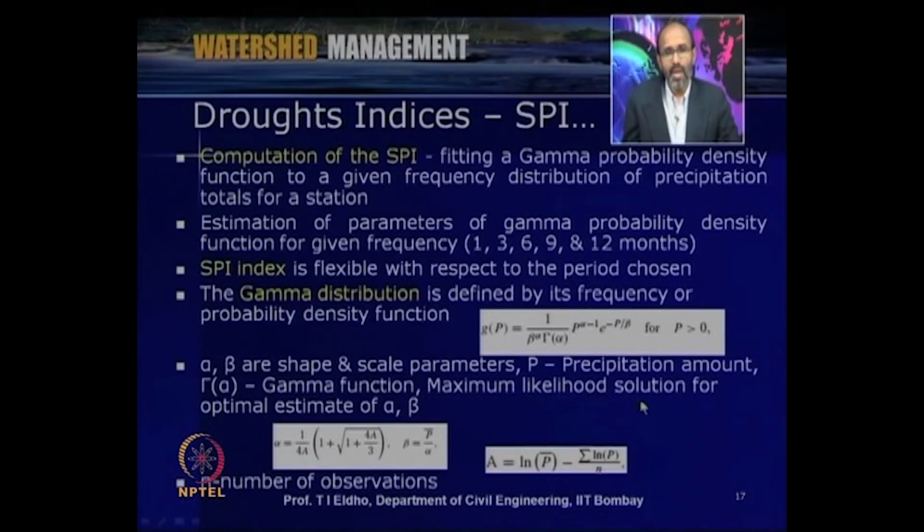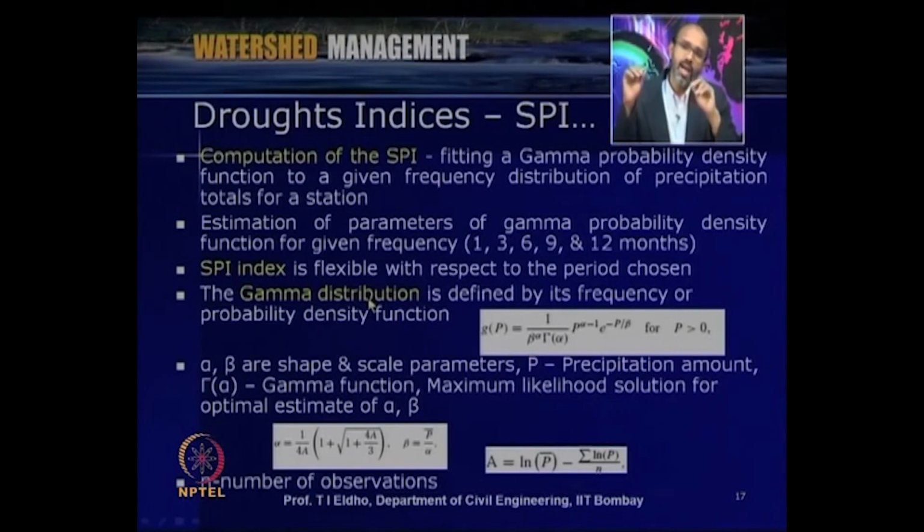Maximum likelihood solution for optimal estimates of alpha and beta can be obtained: alpha is equal to 1 by 4A into 1 plus square root of 1 plus 4A by 3, beta is equal to p bar by alpha, and A is equal to ln p bar minus sigma ln p by n, where n is the number of observations.